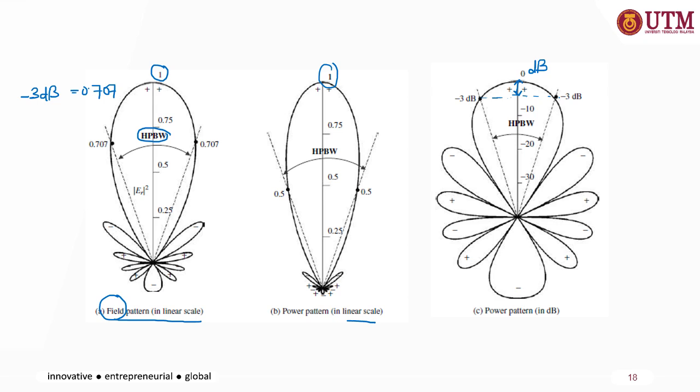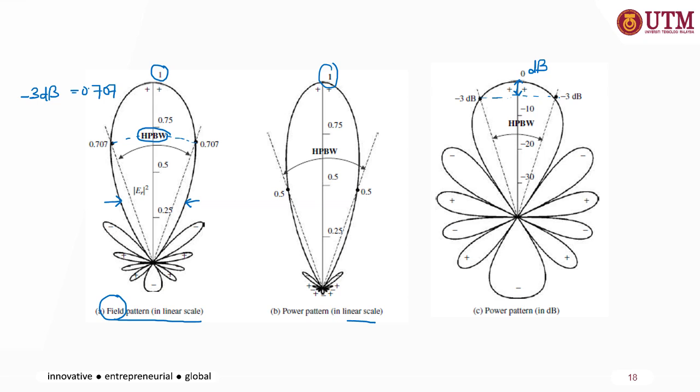So the HPBW is the angular separation on the major lobe. So this is your major lobe, and the angular separation distance is between two half power points. The half power point in this case, in the linear field pattern, is at 0.707. So this is your HPBW between two points on the major lobe.